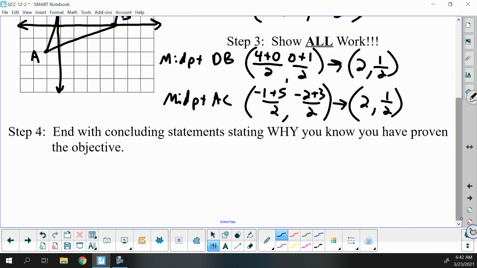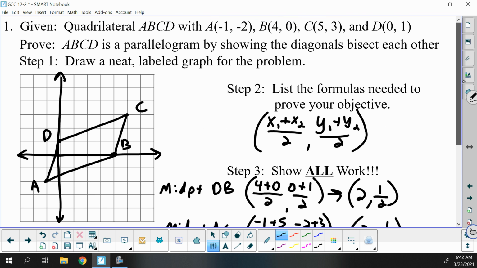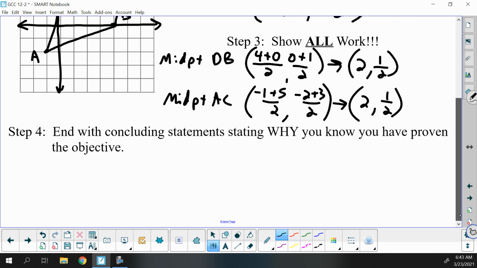So our goal was to show that diagonals bisected each other, because if diagonals bisect each other, that will give us our parallelogram. So a couple steps we need to do. First we state what we know. So we were hoping to show that ABCD is a parallelogram. And then we have to say since or because.